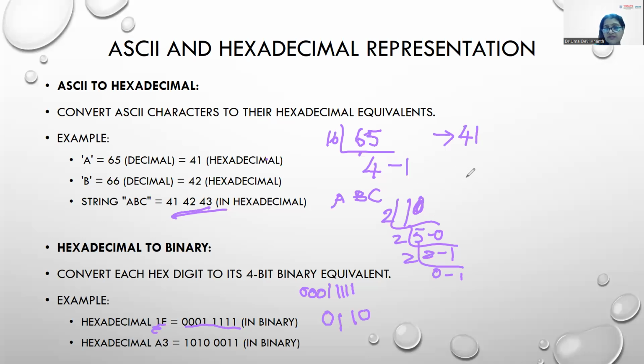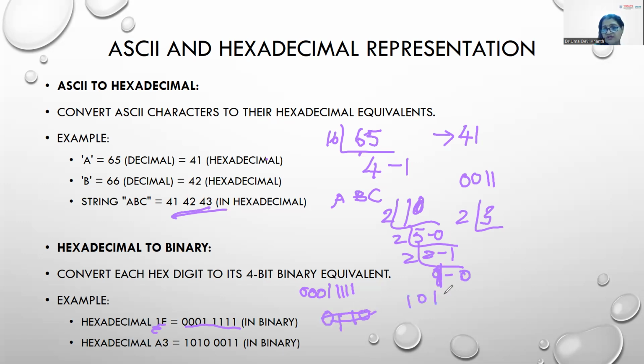Then we have a 3. 3 is written as 0, 0, 1, 1. That means if you say 3, 2 will go how many times? 2 ones are 2, and then there is a 0 here. So 1, 0, 1, 0 is the representation of this.